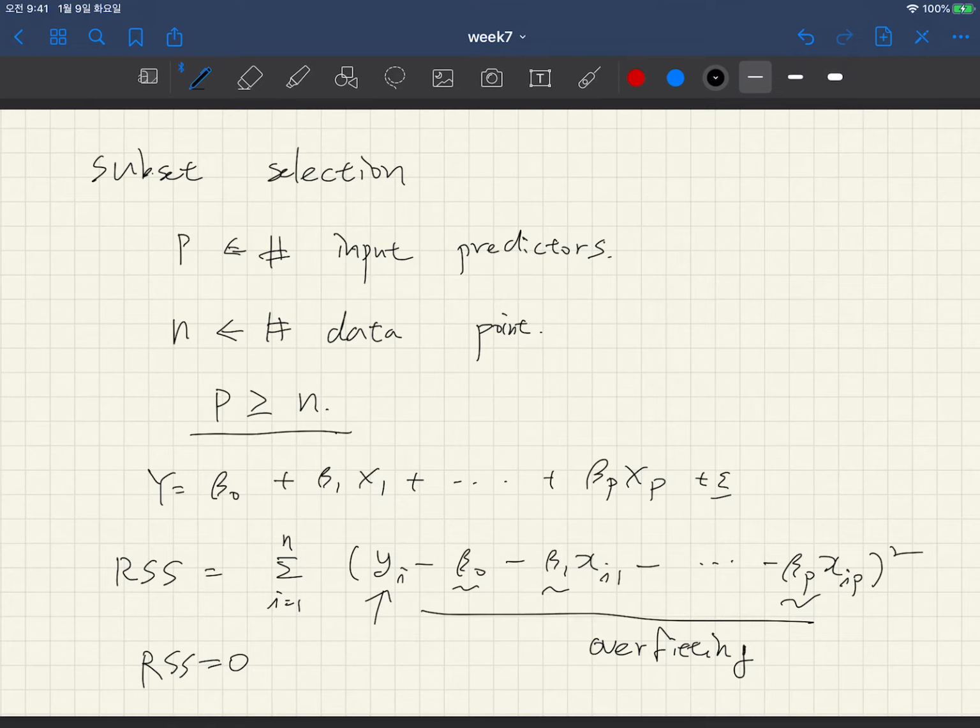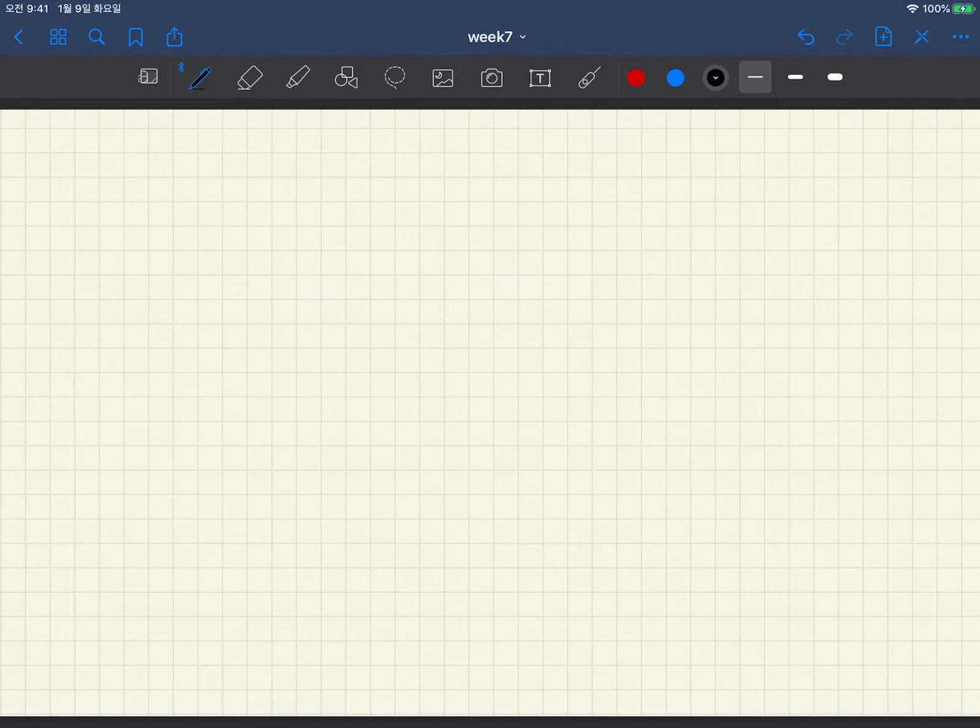Here the model means the subset of your input predictors to estimate the output y to define the linear regression model, right?